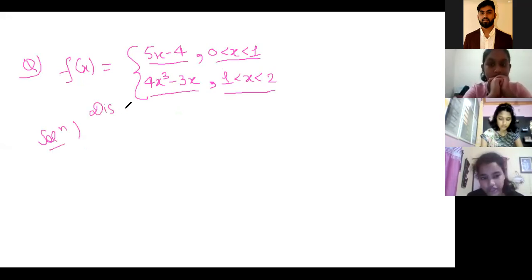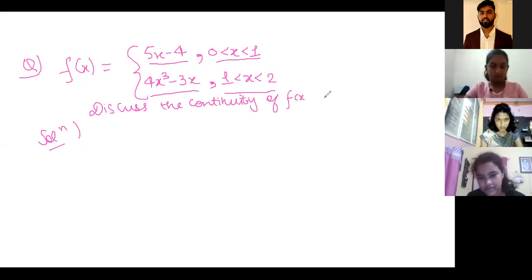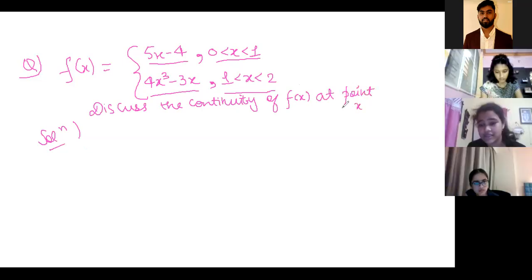Discuss the continuity of this function f(x) at a specific point, and that point is simply x is equal to 1. Discussing the continuity means that we have to find whether it is continuous at this point or not. After solving this question, we'll get the answer that it is continuous or not.